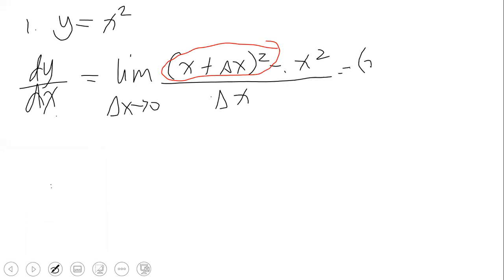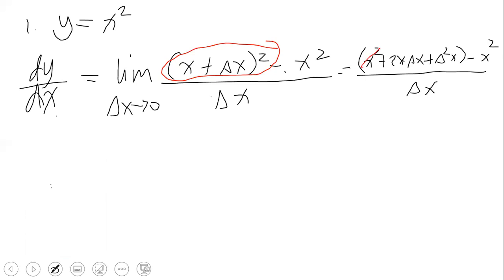So, that will be x squared plus 2x delta x plus delta x squared minus x squared, yung original function, all over delta x. Okay, so alam na natin may maka-cancel out. So cancel out na natin ito.